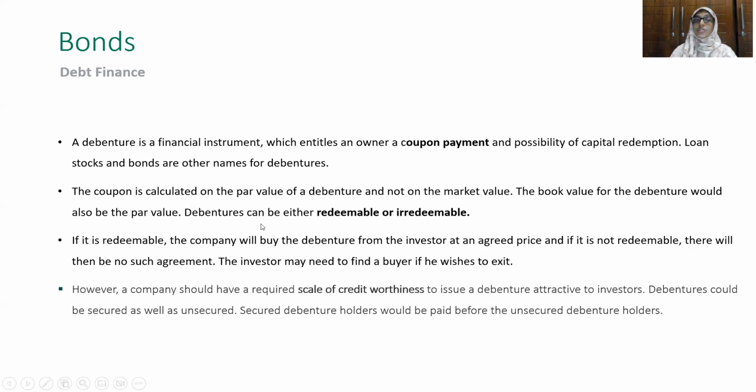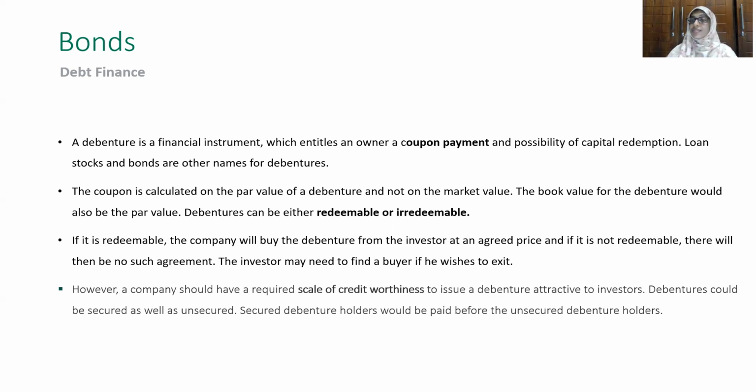Now when it comes to debentures, there are two main types that you talk about. One is redeemable debentures and the other is irredeemable debentures. Do you know what a redeemable debenture is? A redeemable debenture is one where the debenture capital is repaid, and an irredeemable debenture is one where the debenture capital is not repaid.